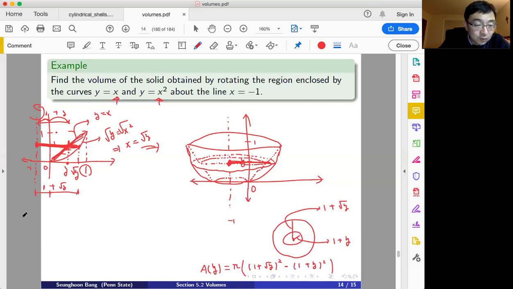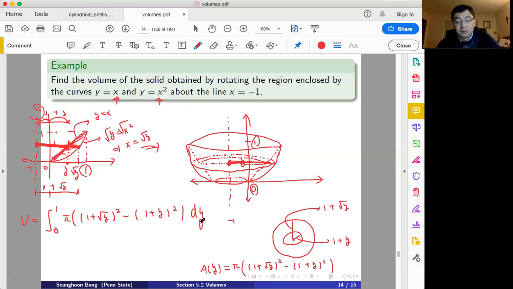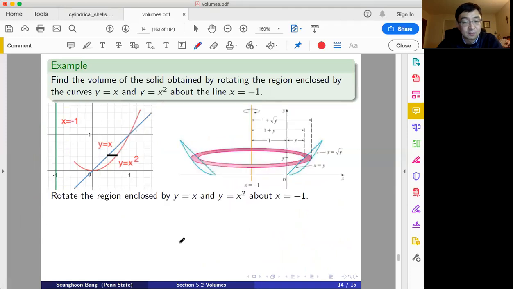So what is the volume? The volume is the integral from 0 to 1, since only the y value changes: pi times (1 plus the square root of y) squared minus (1 plus y) squared, dy. This is the whole idea.